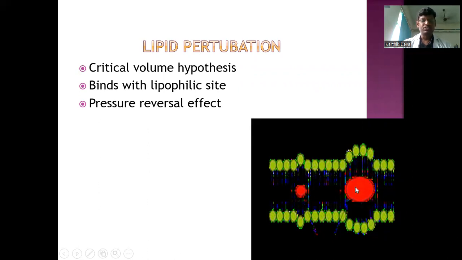Accumulation of this anesthetic causes the volume of the hydrophobic region to expand beyond some critical volume sufficient to reversibly alter the function of the membrane ion channels, thus providing anesthetic effects. This theory was supported by the experimental fact that increases in atmospheric pressure reverse anesthetic effects. That explains the pressure reversal effect.